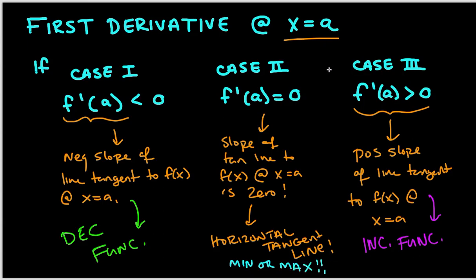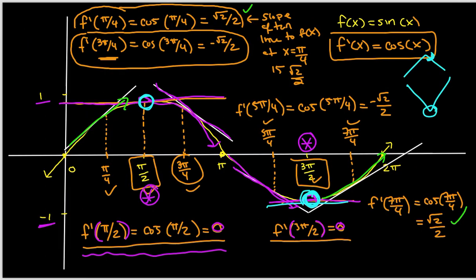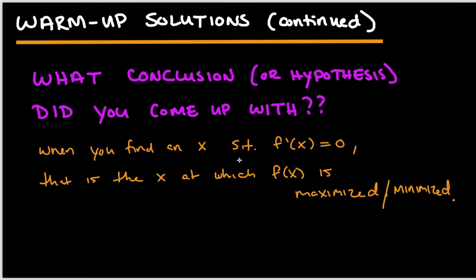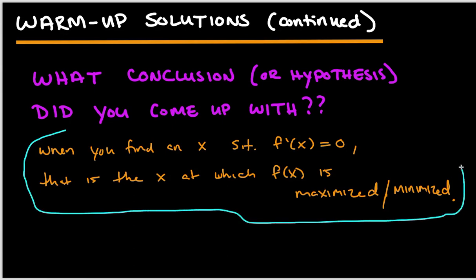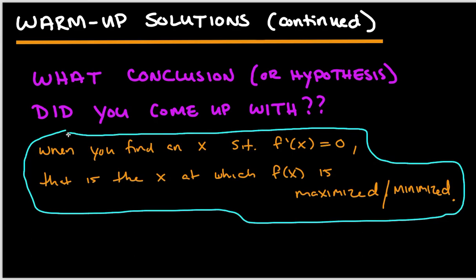So it looks like what our conclusion was is correct. We concluded that if you can take a derivative of a function and find a value of x such that the derivative equals 0, then at that x, the function is minimized or maximized.